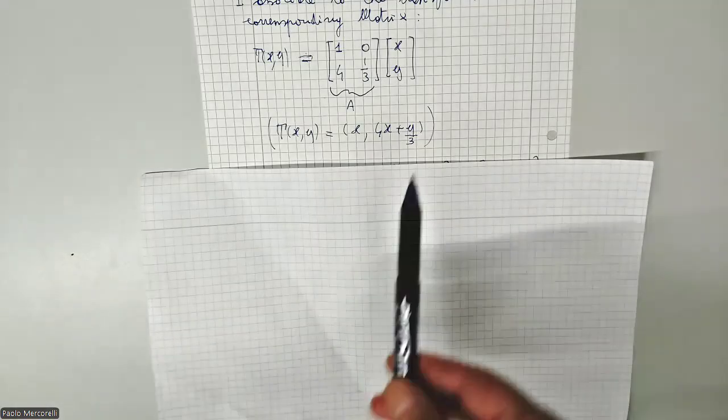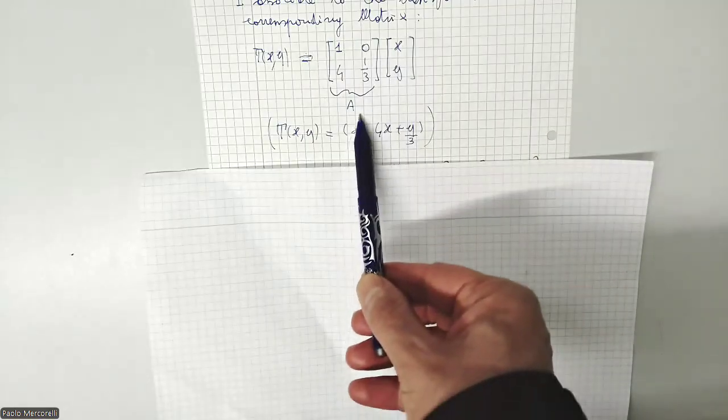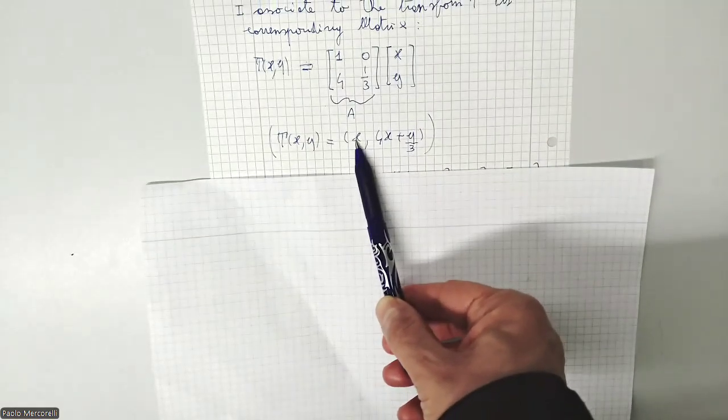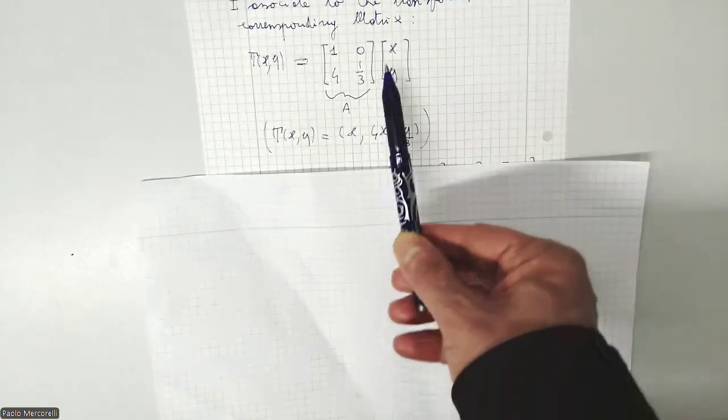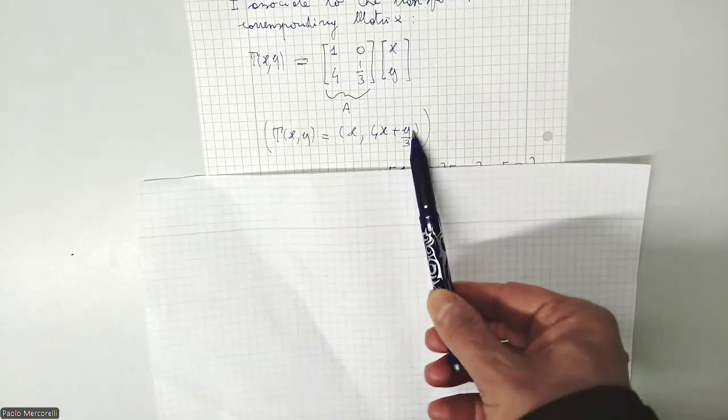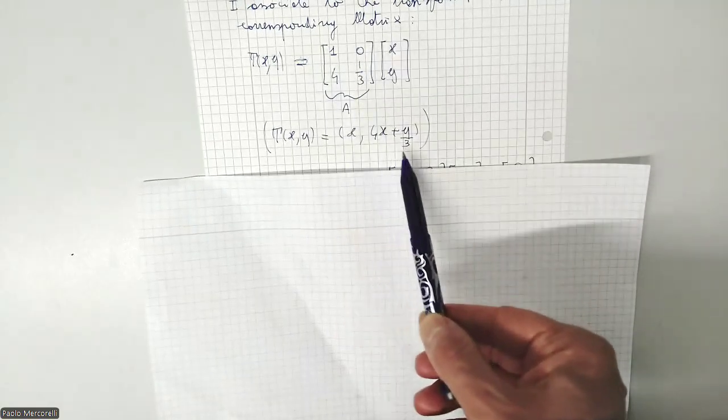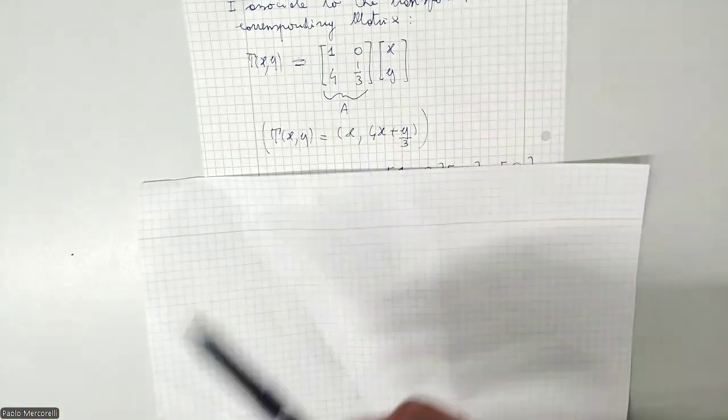Okay, now look, row multiply column. Do you agree that you have a vector characterized by x here, and the second component is 4x plus 1 divided by 3 multiply y?